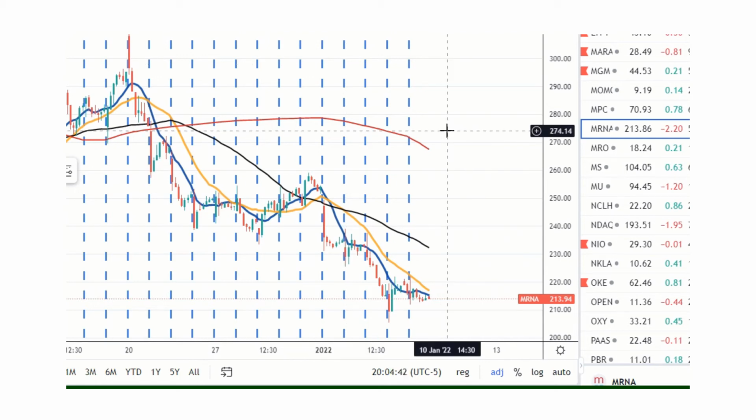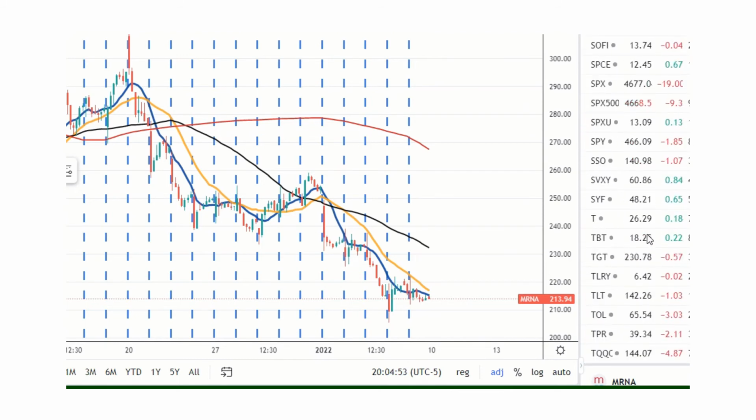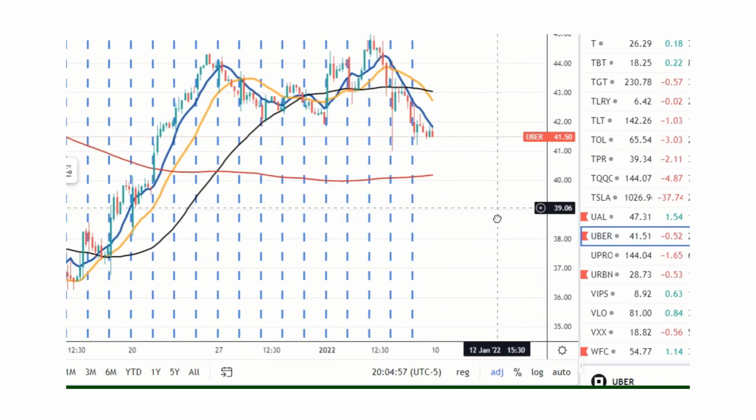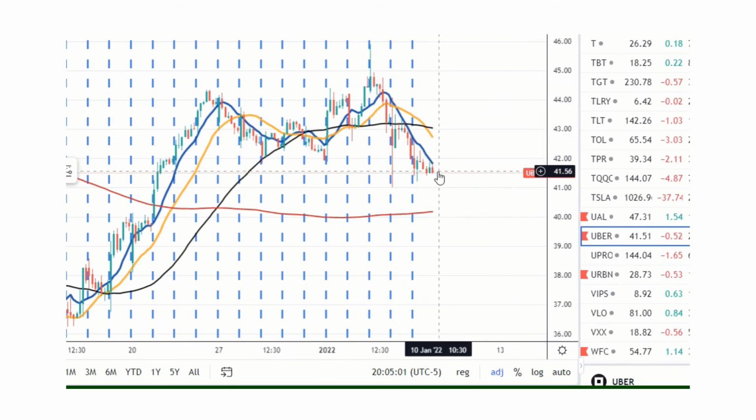Okay, so we've already looked at Tesla, we've looked at Moderna, so let's look at Uber and see what's going on with Uber. Okay, so hourly time frame, it's facing down, so the stock is below at least three of the indicators.